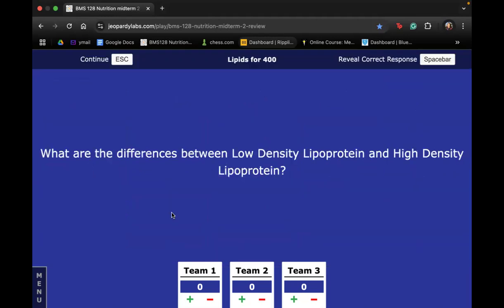What are the differences between low density lipoprotein and high density lipoproteins?